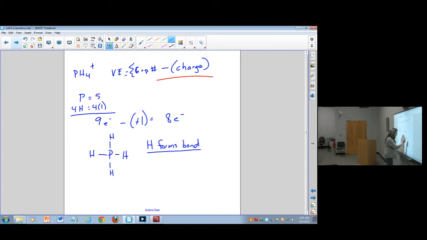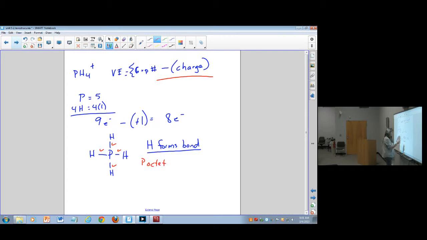So there's no octet I can put around these hydrogens. So I count the octet first around the phosphorus. Here's 2, 4, 6, 8. Excellent. That's got an octet.